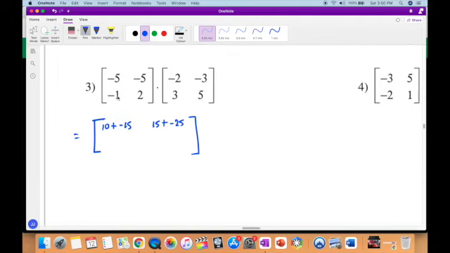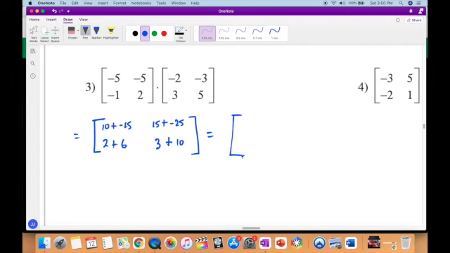So now I'll do the bottom row. Negative 1 times negative 2 is positive 2 plus 2 times 3 is 6. And then negative 1 times negative 3 is positive 3. And then 2 times 5 plus 5 2s are 10. So what will I end up here with?